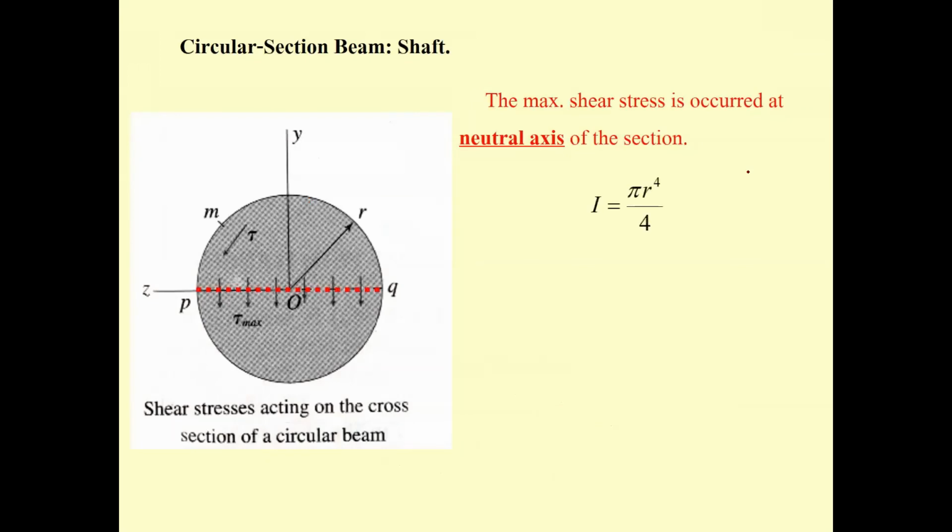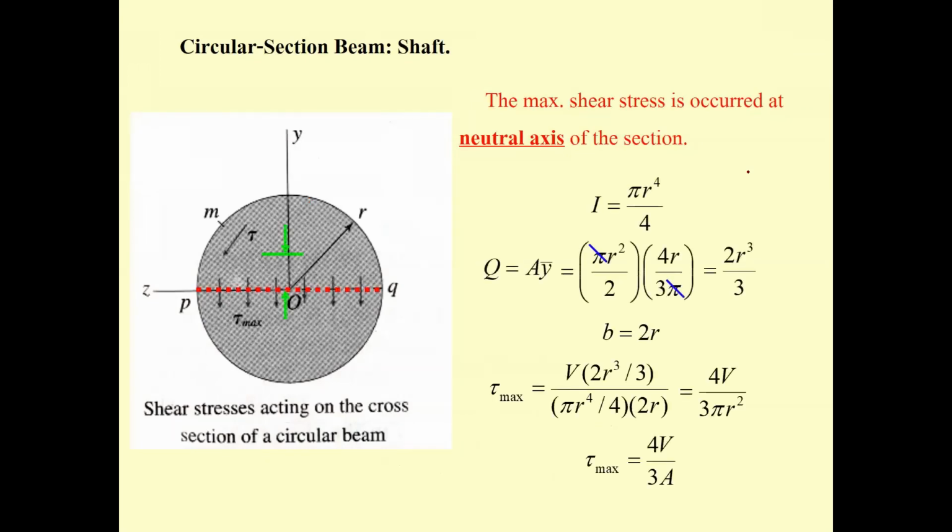For the rectangular section, it is going to be 1.5 V max over A. Rectangular is 1.5, circular is 4/3, 1.333. How about the T? No, for T you have to use the original equation to determine tau max.